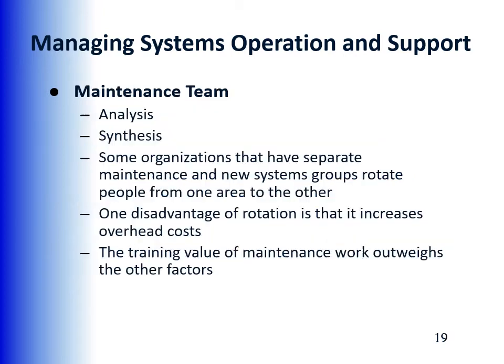A maintenance team includes a system administrator and one or more system analysts and programmers. The system administrator is responsible for routine maintenance and is usually authorized to take preventive actions to avoid an immediate emergency, such as a server crash, network outage, security incident, or hardware failure.